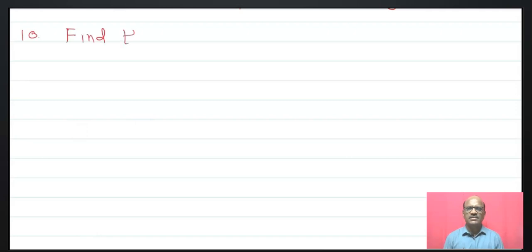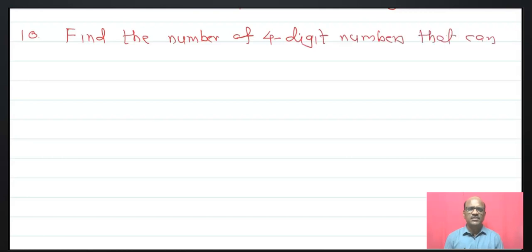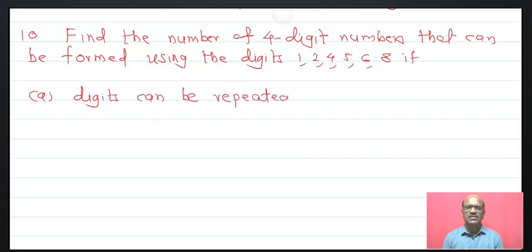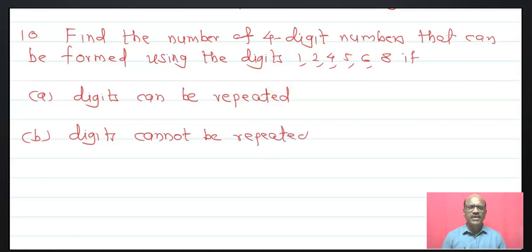Now next is, find the number of 4-digit numbers that can be formed using digits 1, 2, 3, 4, 5, 6, 8 if first, digits can be repeated, second, digits cannot be repeated.